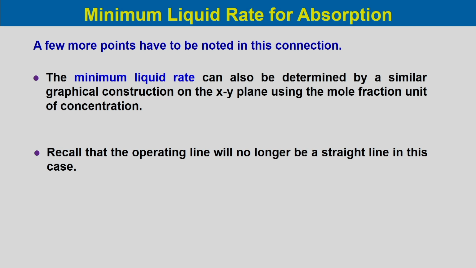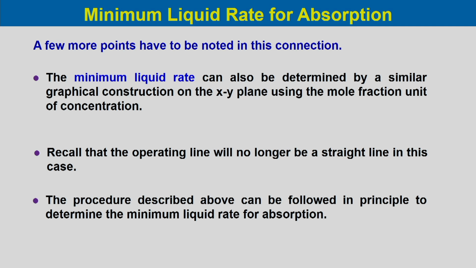Recall that the operating line will no longer be a straight line in this case. So, if the operating line is not straight, the procedure described above can be followed in principle to determine the minimum liquid rate for absorption.